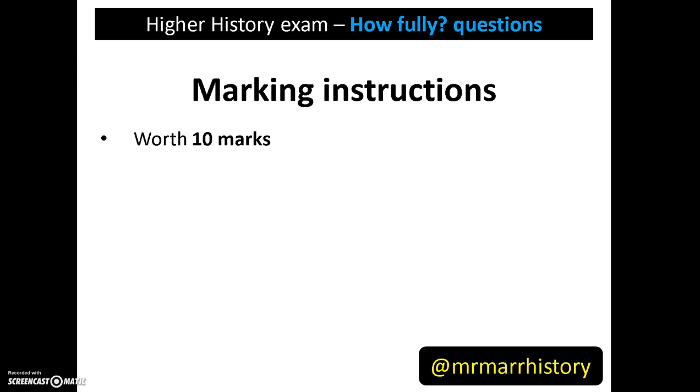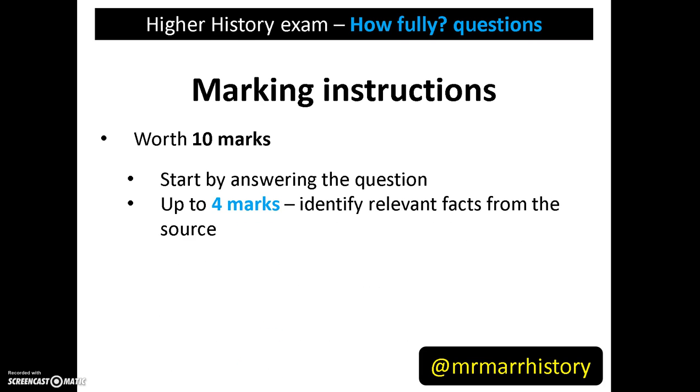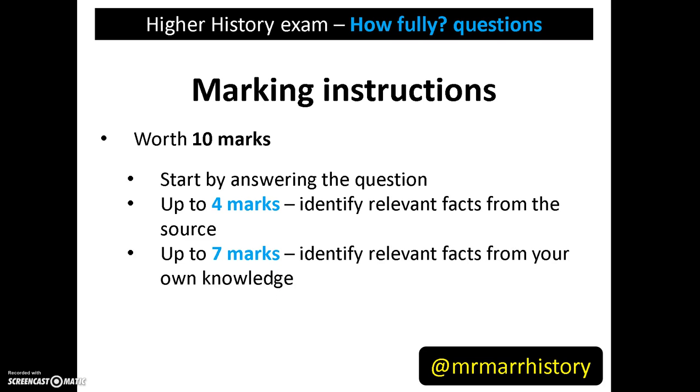As has been noted, how fully questions are worth 10 marks. The best approach is to start off by answering the question, explaining how fully the source actually does describe or explain the issue. You can then get up to 4 marks for identifying relevant facts from the source which answer the question, and you can get up to 7 marks for identifying relevant facts from your own knowledge but which are not included in the source.